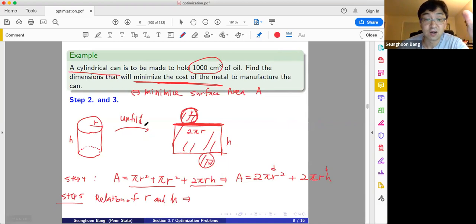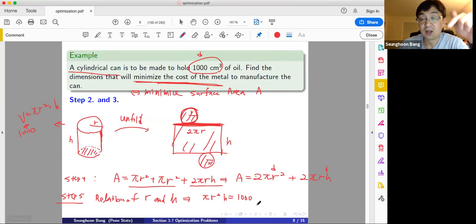What's the volume of a cylindrical can? Remember, the volume of a cylindrical can is pi r square, the area of the base, times height h. Volume is 1,000. You plug 1,000 in here, so we have pi r square h equals 1,000.